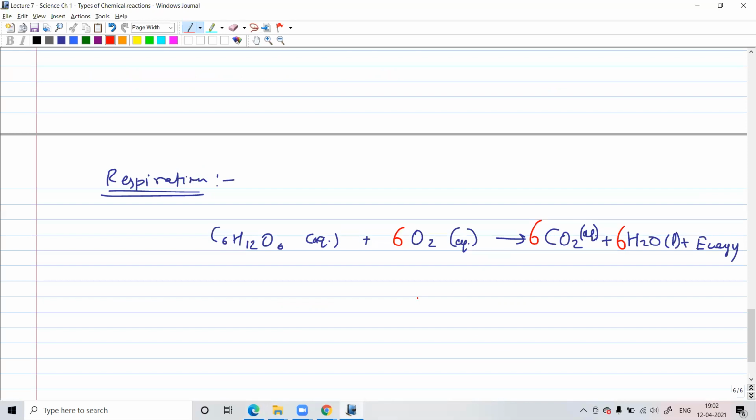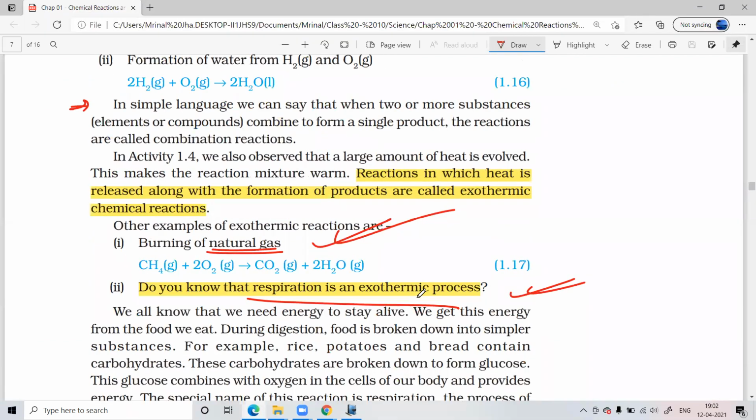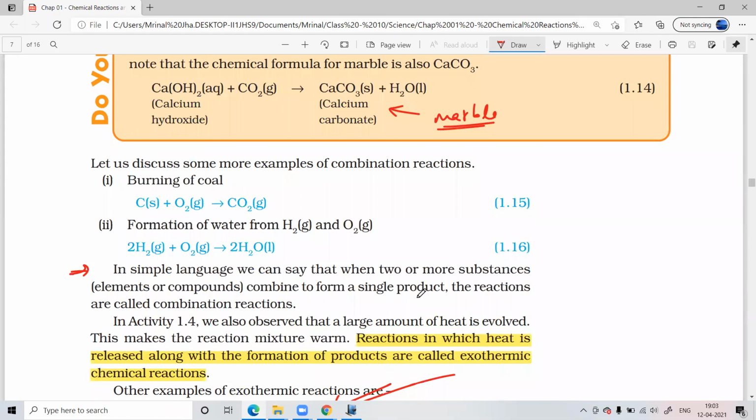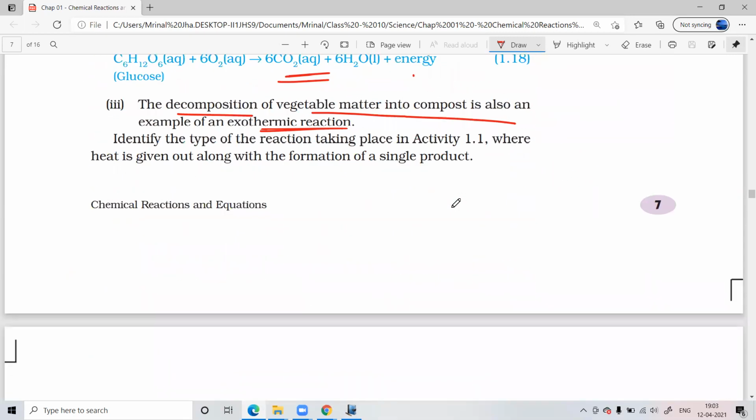Okay, anyone has any questions from today's class, whatever we discussed? No, sir. Okay, fine. Sir, the vegetables being decomposed, like how is the heat produced? See, whenever some reaction, decomposition, happens, how is the heat produced means that is just part of a reaction.